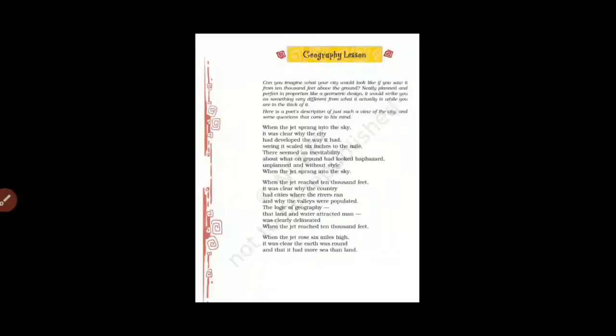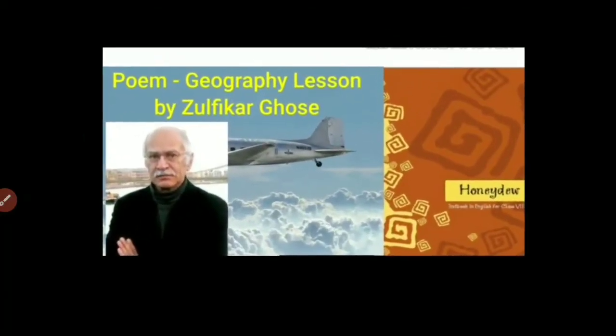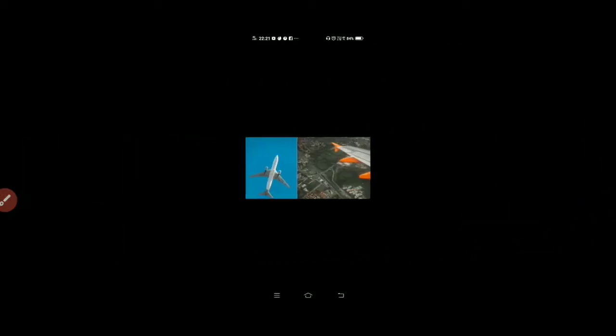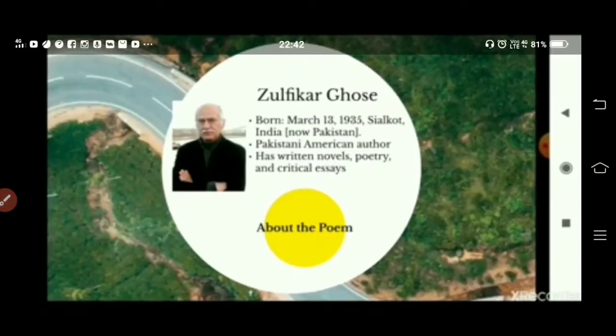So this Geography Lesson is not exactly a lesson, but a poem which has been written by Zulfikar Ghose, whose image you can see right now on your screen. Let me tell you something more about him.